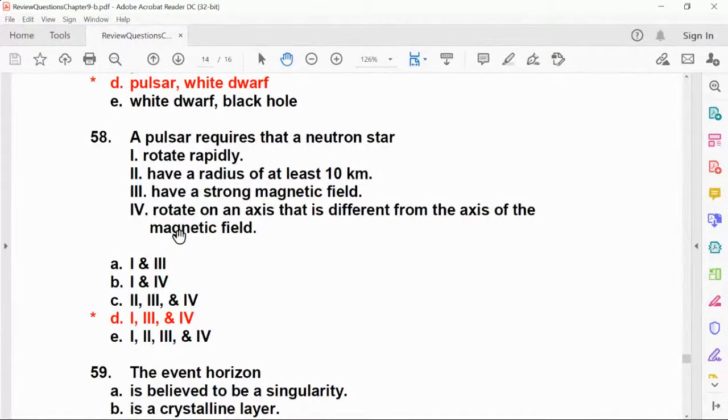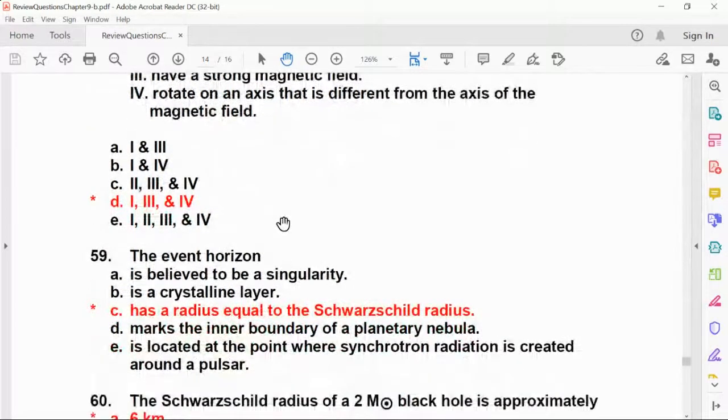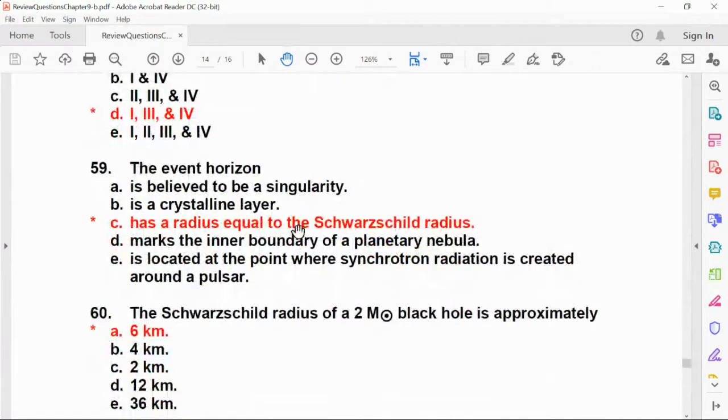And we talked about that when I was discussing neutron stars. I told you it has an axis about which it spins, and the magnetic field is not on the same axis. And that's why you can basically get pulses. So these questions dealt with the neutron star. Now, when we come to a black hole, there is something that we call the event horizon.